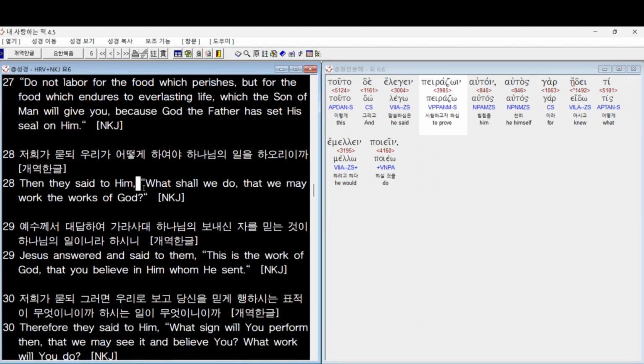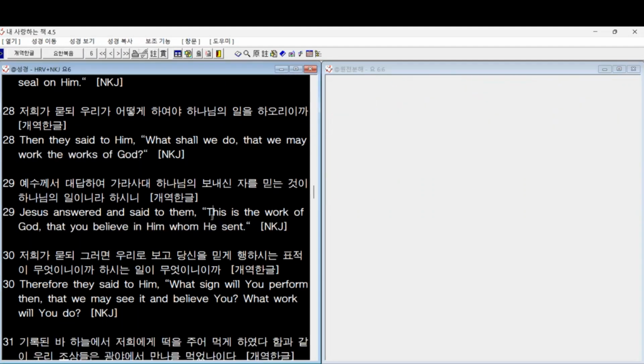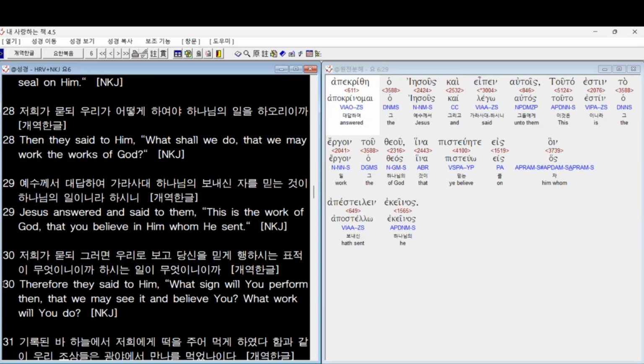They said to him, what shall we do that we may work the work of God? And verse 29 is the one we are learning as the demonstrative adjective. In English, Jesus answered and said to them, this is the work of God, that you believe in him whom he sent.